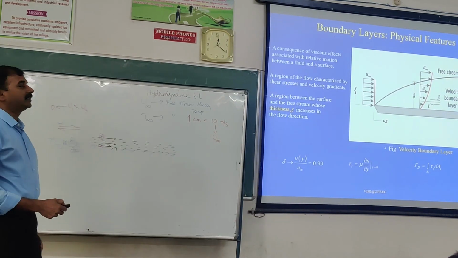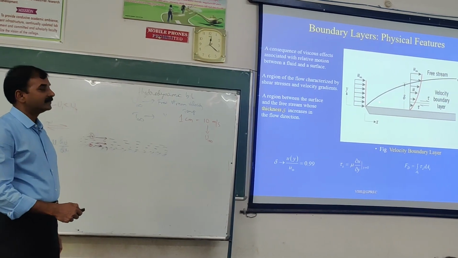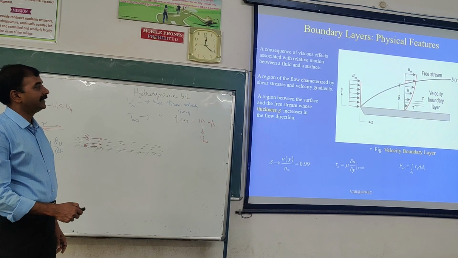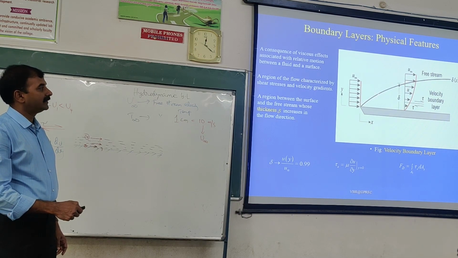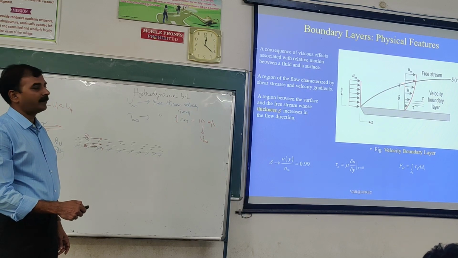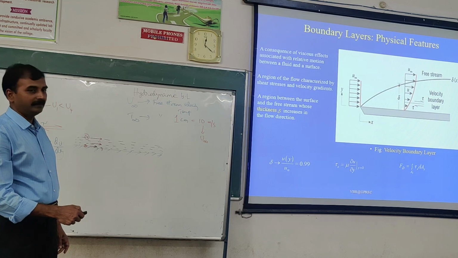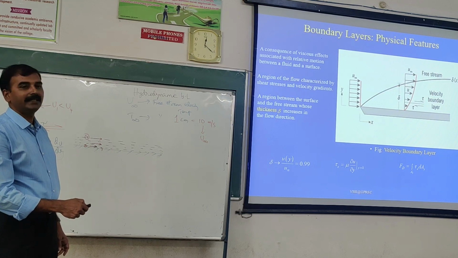Another observation you should have made is this curve. What is this? This is the curve which connects all the points whose distance from the original surface is delta.